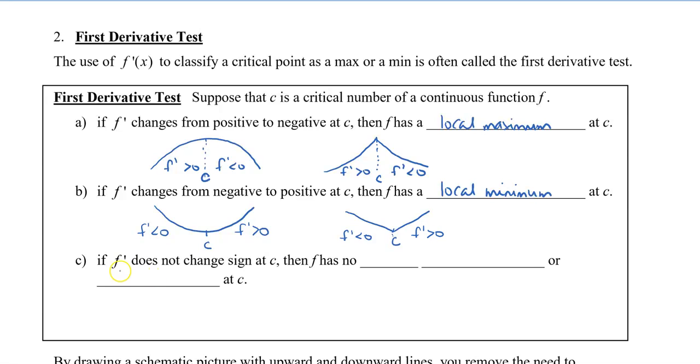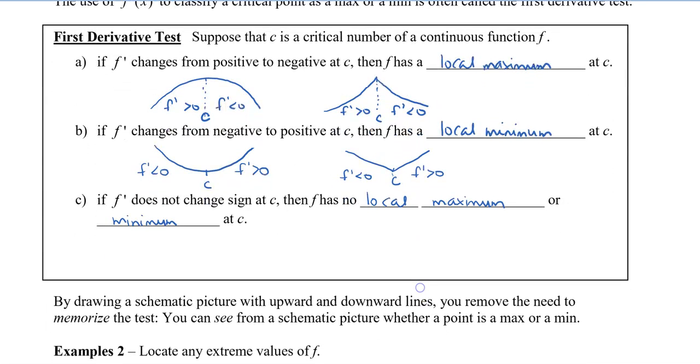Okay, so finally, if f prime does not change sign at C, then f has no local maximum or minimum. Now you might think, oh, that's really obvious because we can have a flat line. But we have some other examples that I can show you too. So we can have a curve that looks like this.